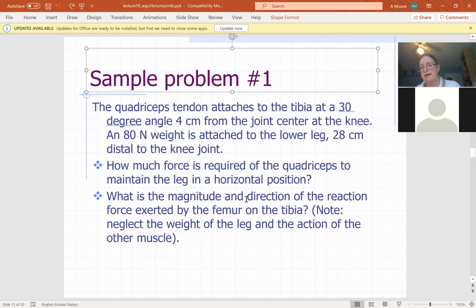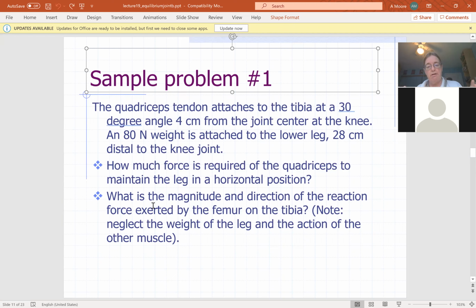If we have a human doing some activity and we're moving slowly, we can probably use what we call quasi-static, because the accelerations will be so slow that we can get away without including them. But this one says maintain. Maintain means I'm holding it in position.